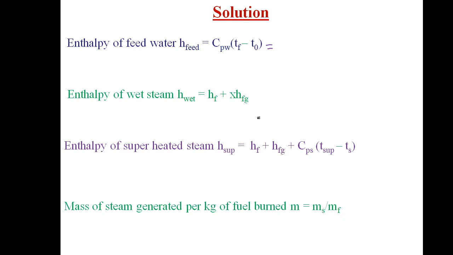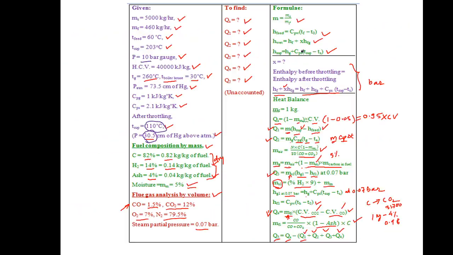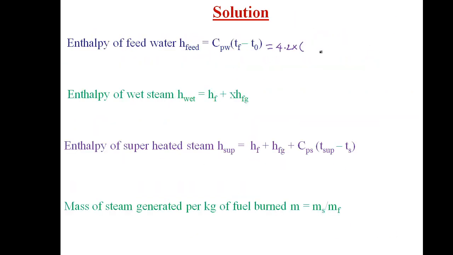Even if it is given or not in the problem, that doesn't matter; we remember that 4.2 is the specific heat of water. Multiplied by the temperature of feed water, which is given in the problem as 60 degrees Celsius, 60 minus 0, since T0 is 0.